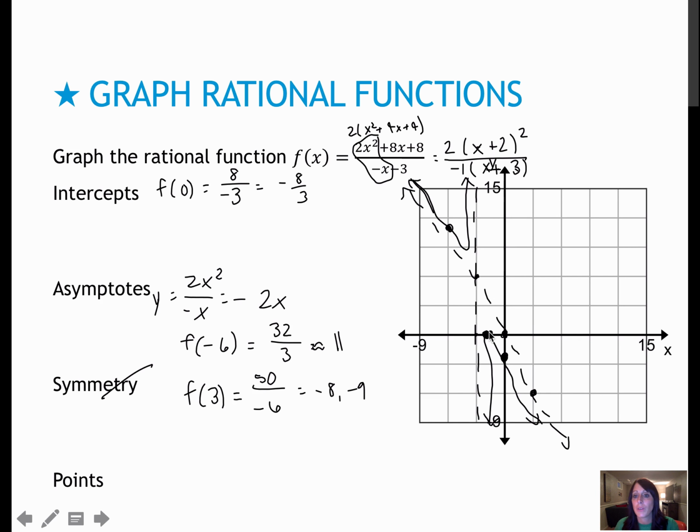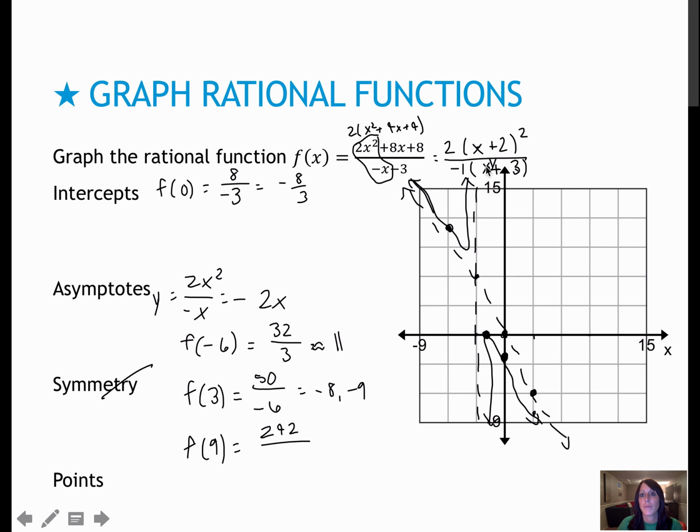So if I plug in 3, I'm down here. Yep, kind of wasted that one, but I know I did this part right at least. Let's plug in 9 and see what happens. F of 9: 9 plus 2 is 11, 11 squared is 121, so 242.